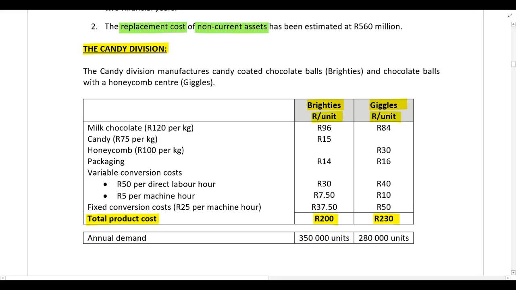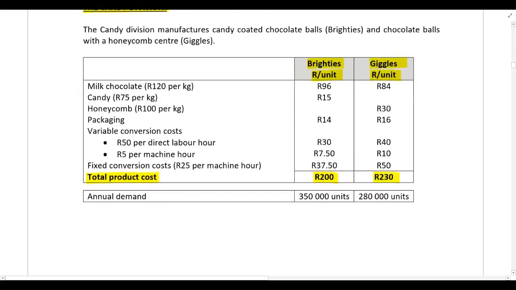We can also see what goes into the calculation of the total product cost. There's milk chocolate, candy, honeycomb, packaging, variable conversion costs, and fixed conversion costs. All right, so what are conversion costs? Remember, guys, conversion costs are the cost to convert your direct material or your raw material into the finished product.